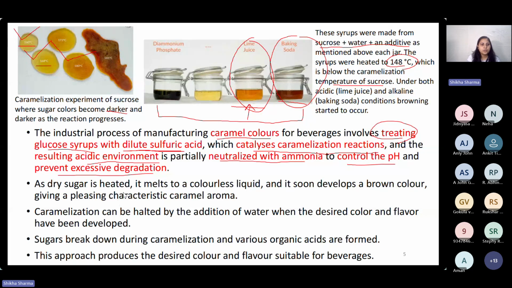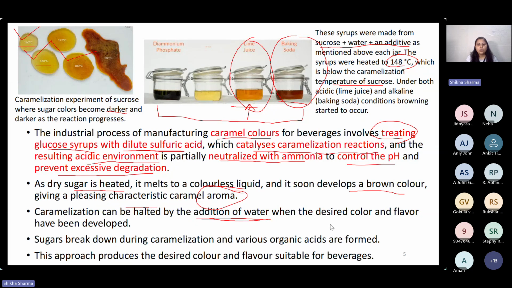So when sugar is heated, it will come to a colorless liquid. But when we heat it up to a very high temperature, around 150 degrees Celsius, it will develop some brown color and also the characteristic aroma or flavor. So that is a caramel flavor. This reaction can be stopped by adding water.